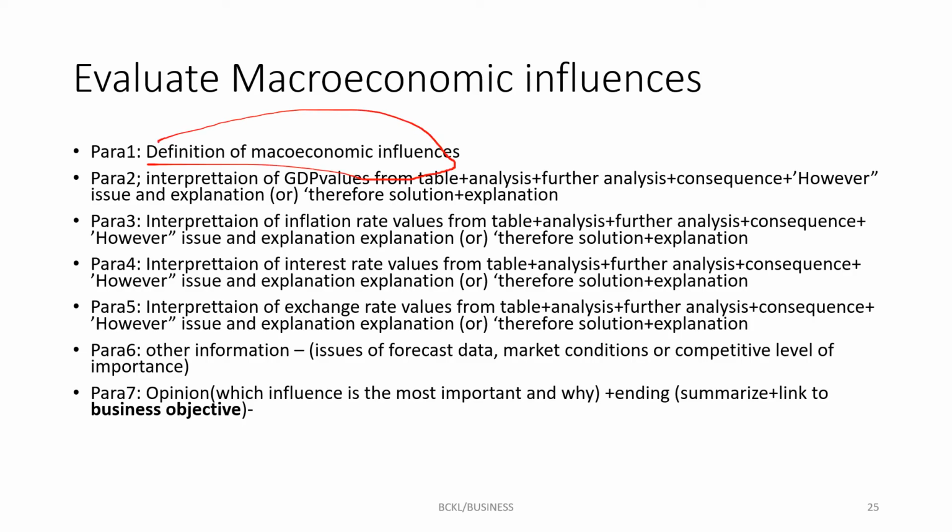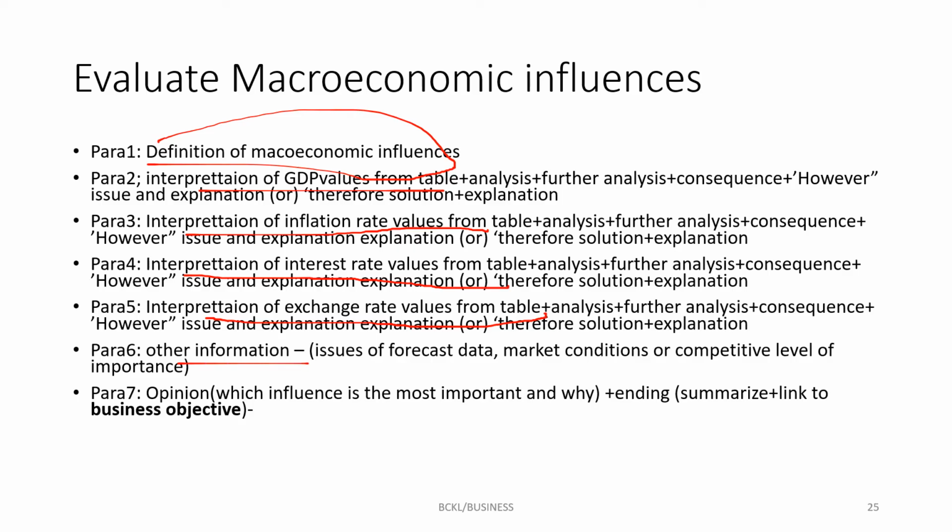So the definition of the GDP, values from the tables that they will give you. Okay, so if it is wrong, you have to analyze, to interpret. Then interpretation of the inflation rate values from the table that they will give you, the interpretation of the interest rate values from the table again, and then interpretation of the exchange rate values from tables.